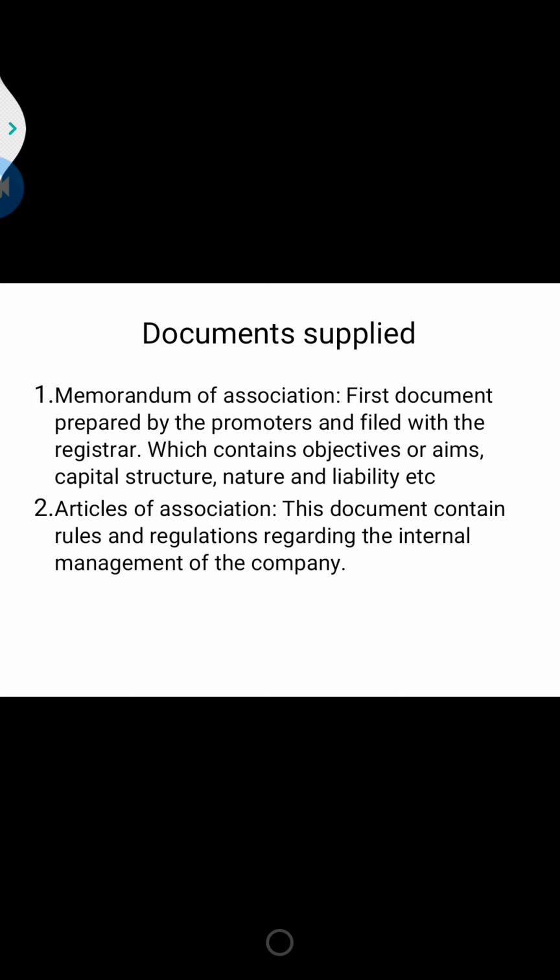For that purpose, in order to avoid fraud and misinformation, you have a particular document called the memorandum of association.